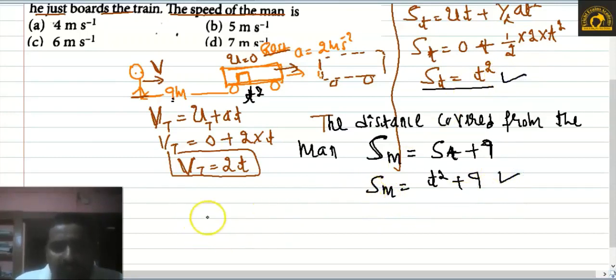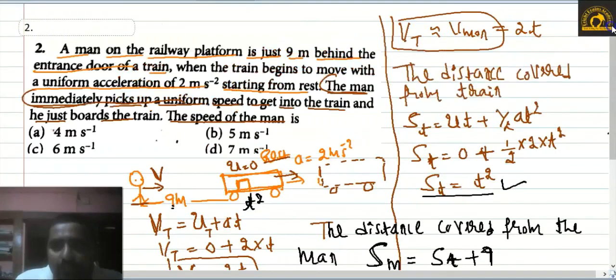The velocity of the man into time is equal to distance. So distance is equal to velocity into time, which equals t squared plus 9. What is the velocity of the man? The velocity of the man is 2t.